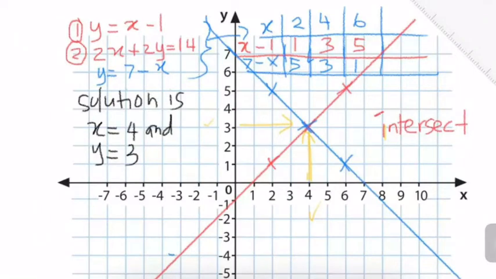Okay, tahu ya, pertama kalau kita nak solve guna kaedah graph, first you have to, of course you have the equations, the 2 equations, and then you make table of values. Now today I show you tables horizontally, kan?